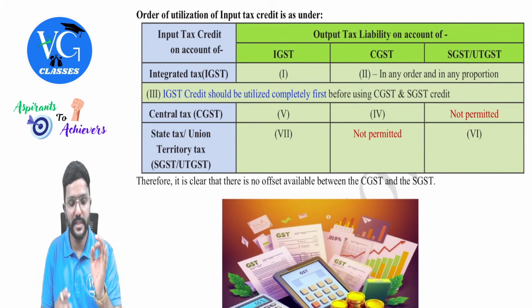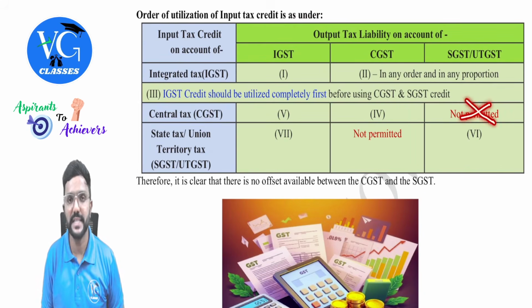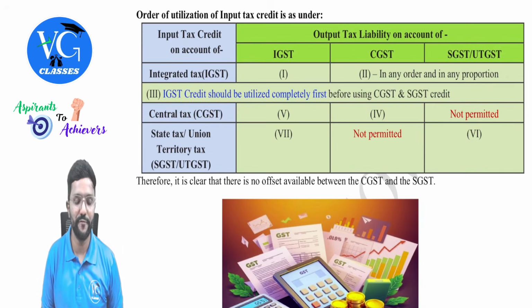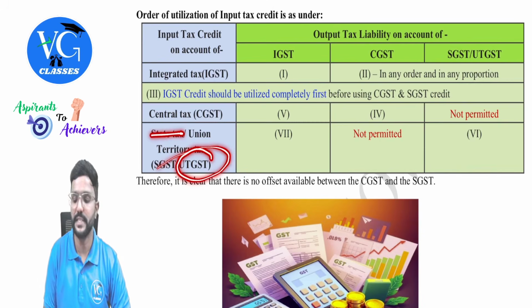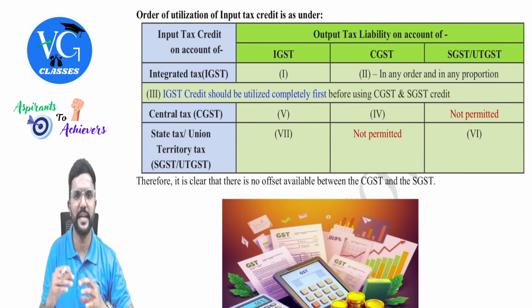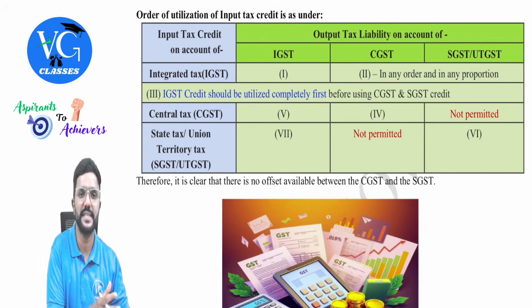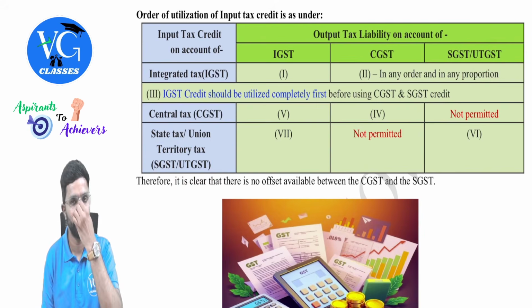So, in simple terms, CGST credit cannot be adjusted against SGST liability. In the same way, SGST credit cannot be utilized against CGST liability. And if the registration is taken under the UTGST Act, UTGST would be there in place of SGST. The adjustment pattern or sequence would be the same, but instead of SGST, it would be UTGST, guys.